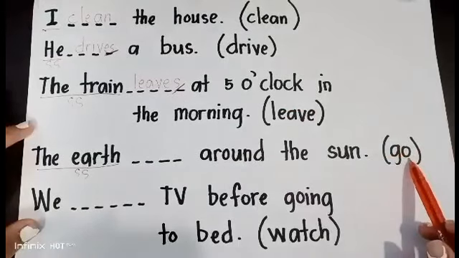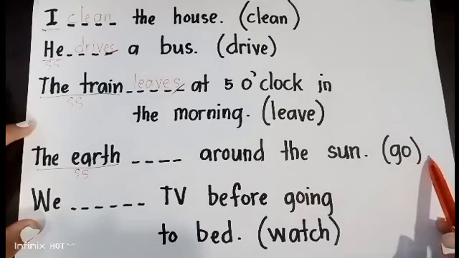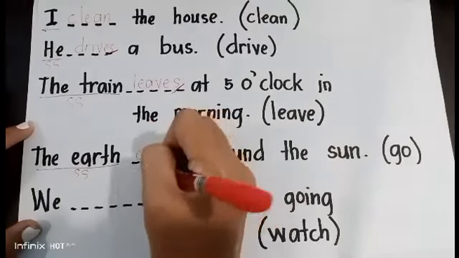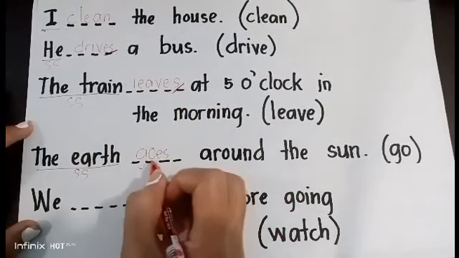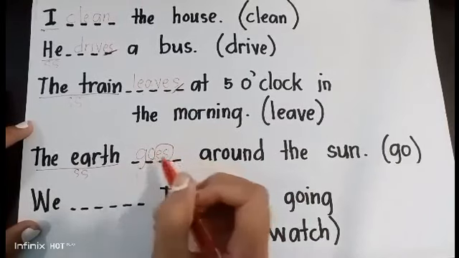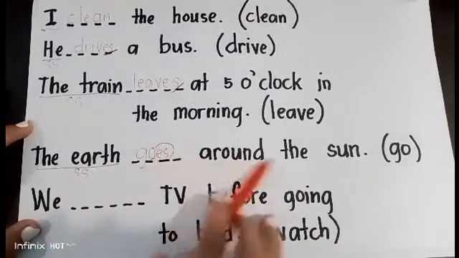So if you have a verb that ends with O, you have to add es to that verb. So it goes like this. Okay, it ends with O, so you add es to the verb. So the earth goes around the sun.